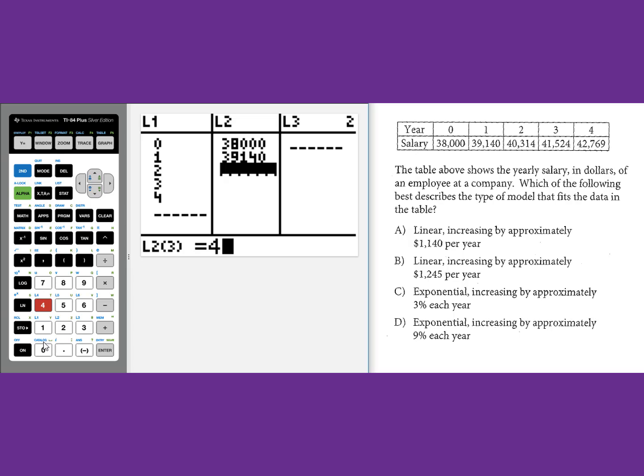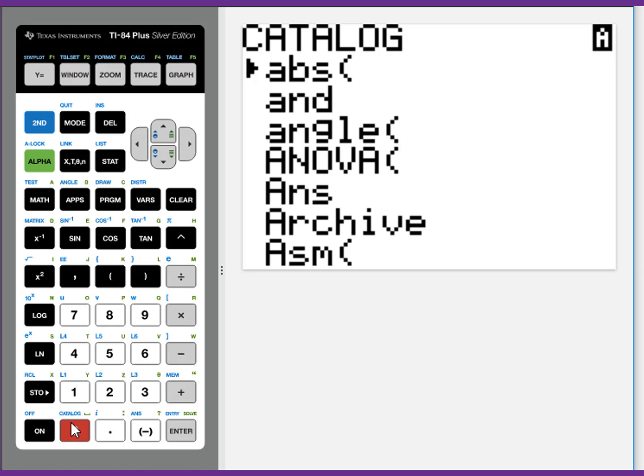Then we got 40314, enter. 41524, enter. 42769, enter.